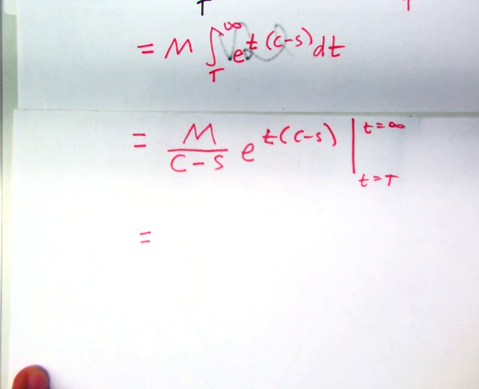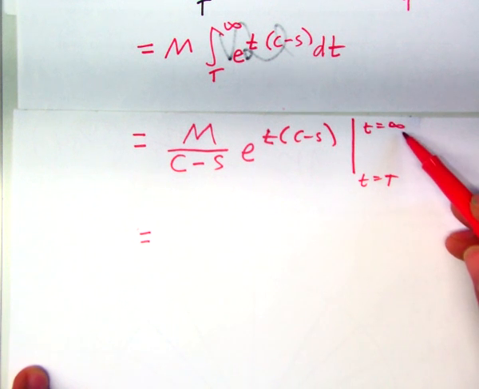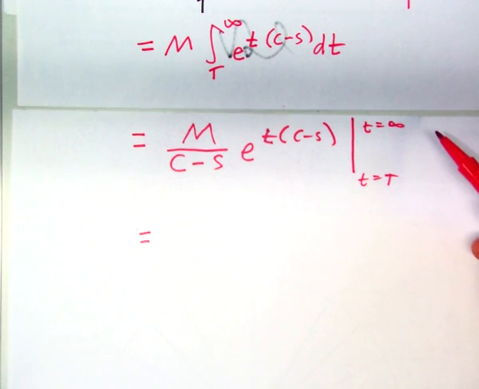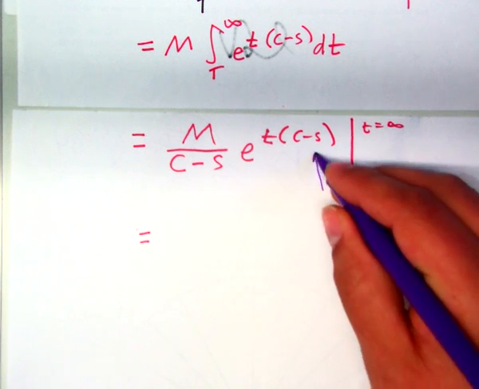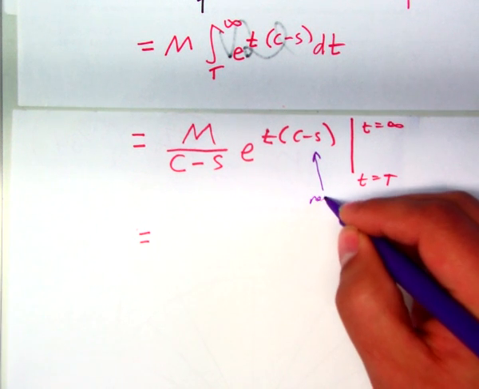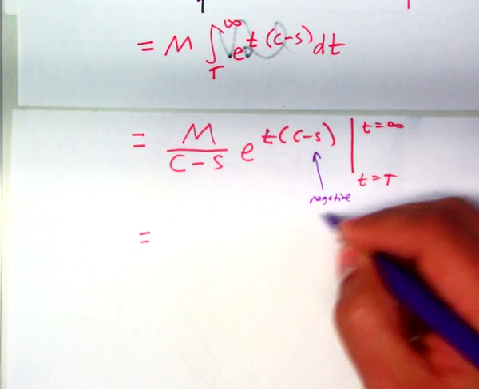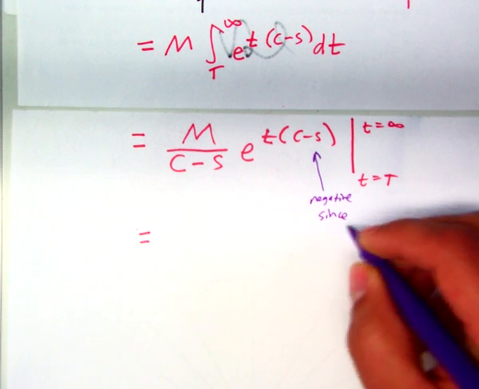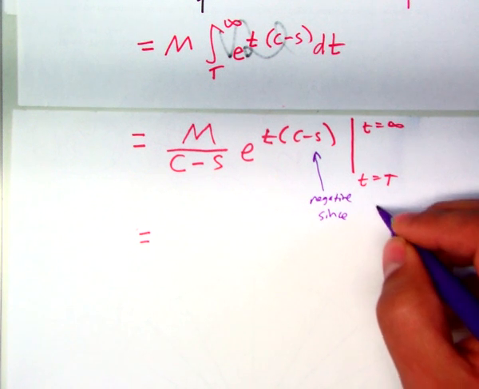So now if I plug in infinity, or I take the limit, what happens? So this part is actually negative, since s is greater than c.